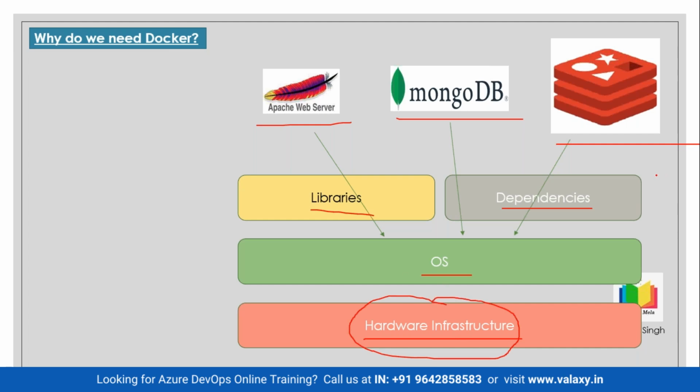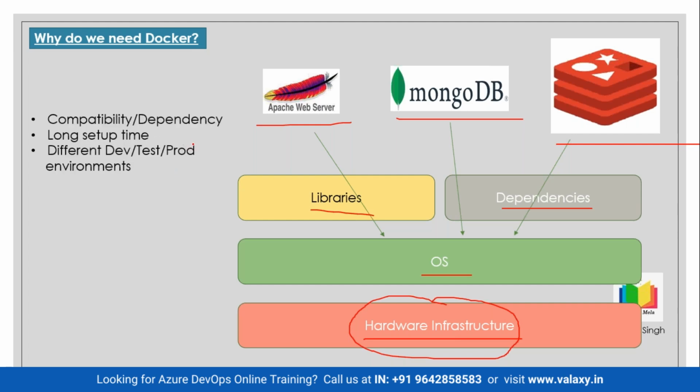Now, what is the issue faced with these VMs? There's no issue as of now; while doing the setup, everything is looking good. Now imagine there is some dependency upgrade for Apache, and some dependency upgrade for the Redis cache, with version changes in future.